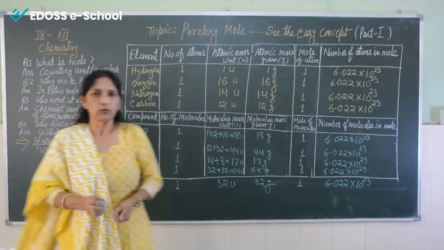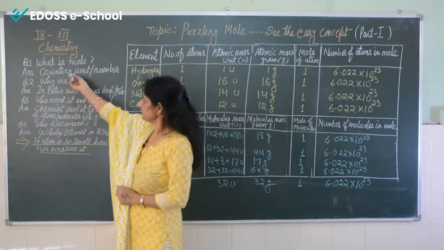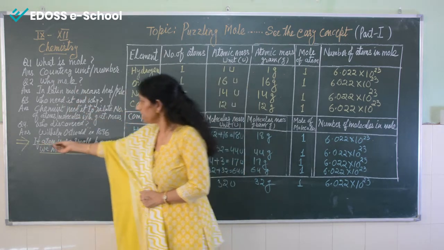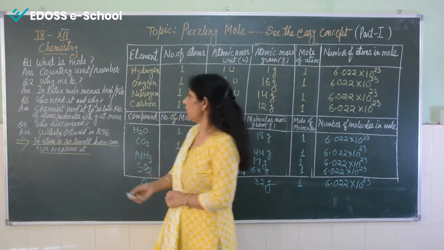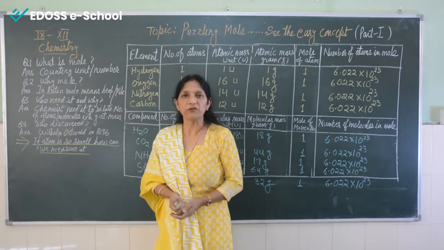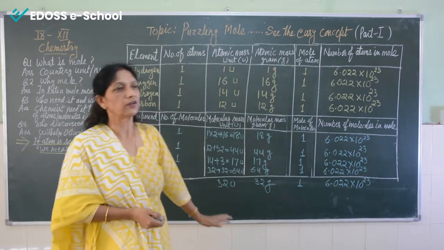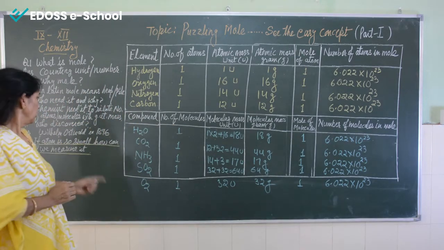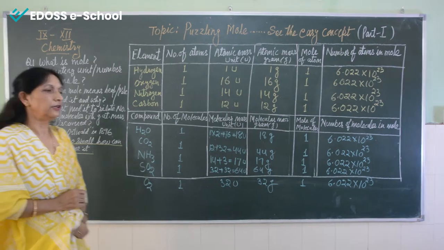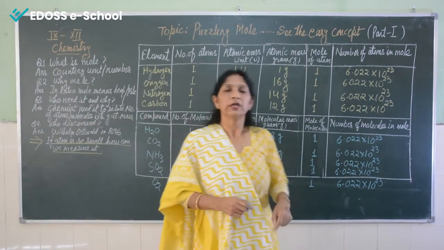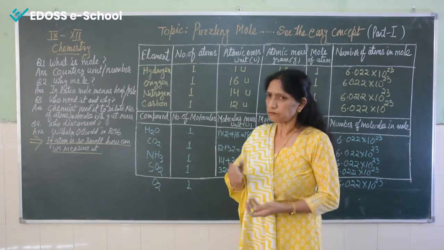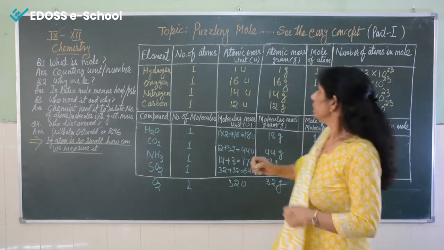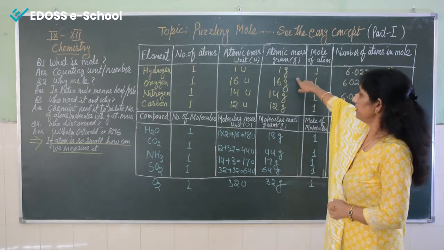So now the answer that we conclude here: if an atom is so small, how can we measure it? Now we can easily answer this question. We know that chemists needed to make so many substances. So what do they do?